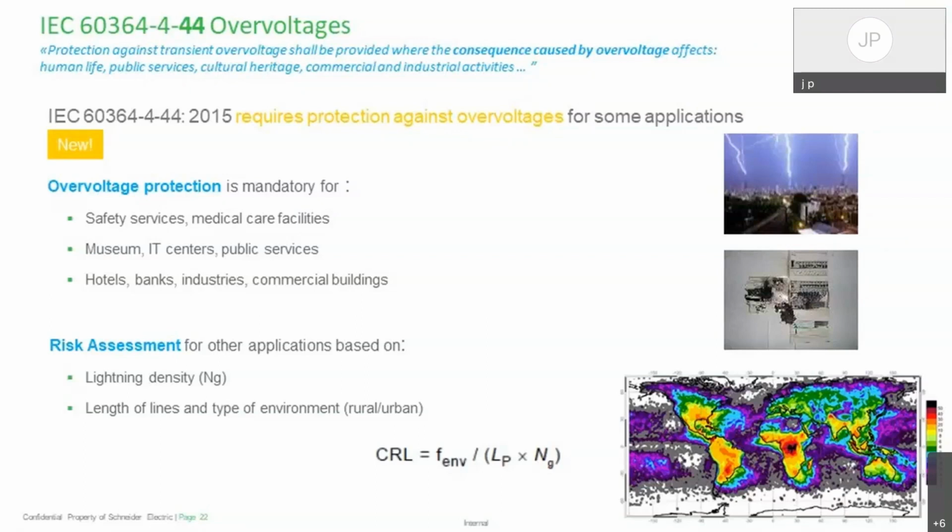Then, depending on the risk of overvoltage on one side and the consequence, which is the economical risk of the installation, you have to protect as a mandatory protection for some installations, or it's just a recommendation for other installations.